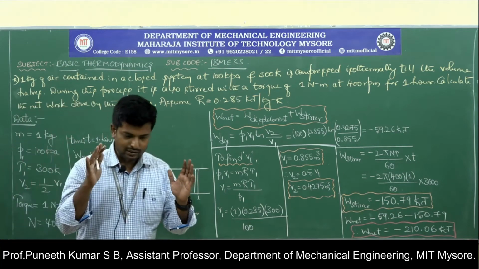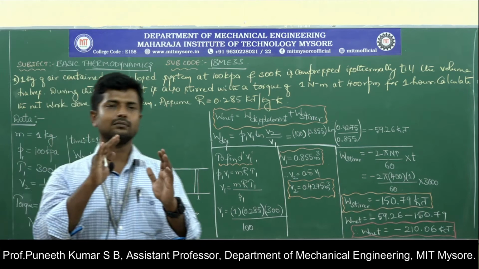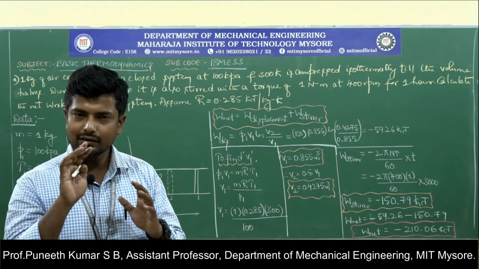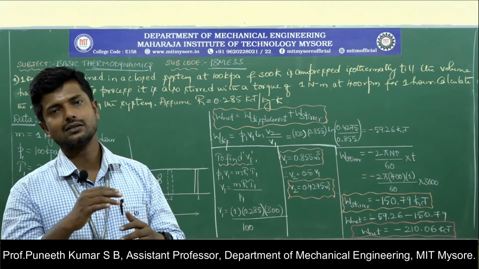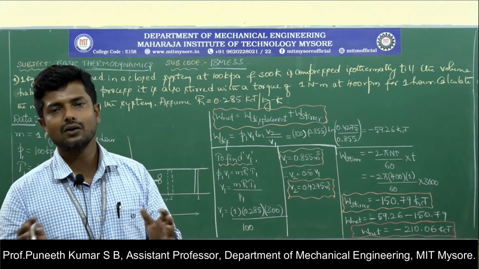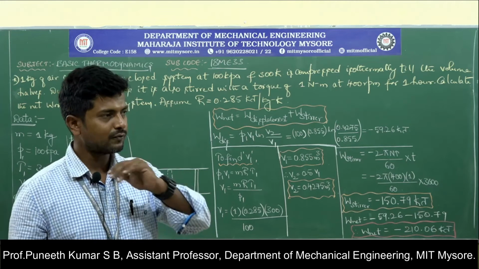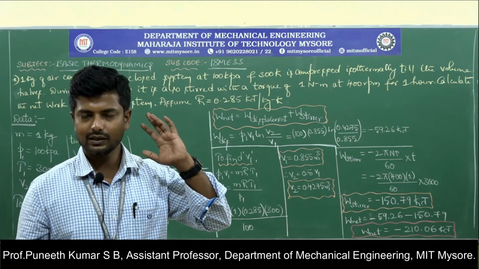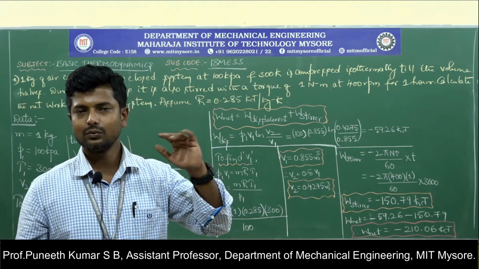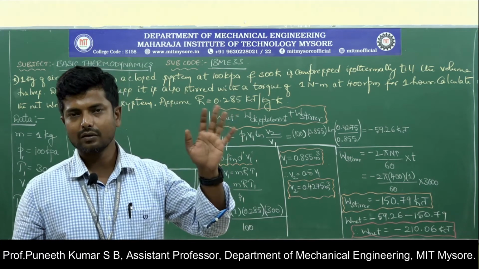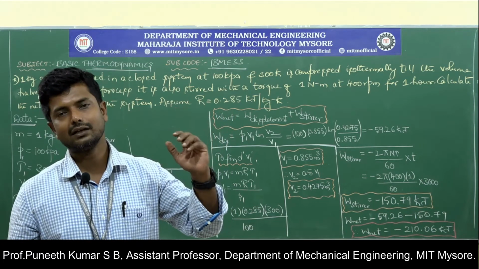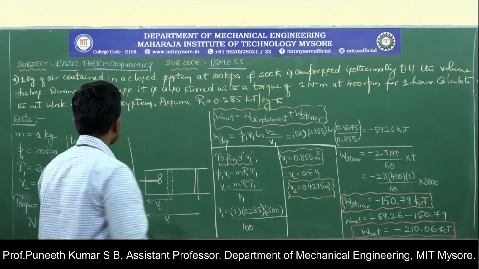So compression means work done on the system. Even stirring of the gas also means work done on the system. So in the very first glimpse of reading the problem itself, we can understand both the works are negative work, or both the work has been done on the system.